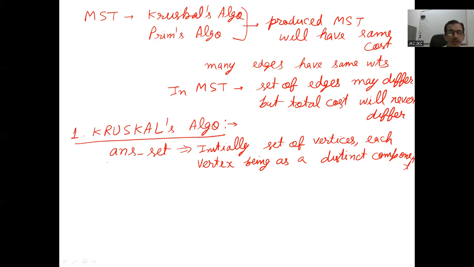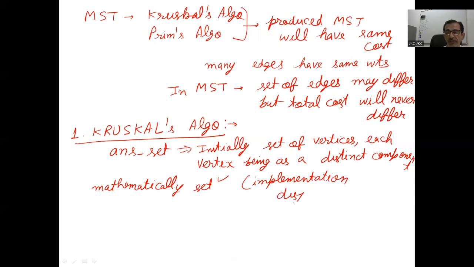So Kruskal's algo, we are going to understand mathematically, where sets will be used. Of course, we have not implemented a set. Set implementation can be done in multiple ways, using the concept of disjoint sets and forests, and there are a variety of applications and implementations.